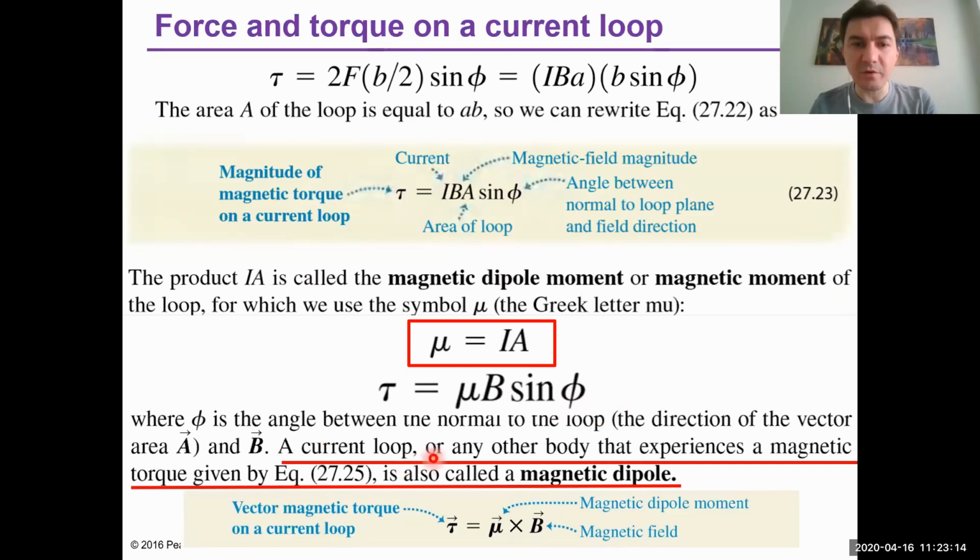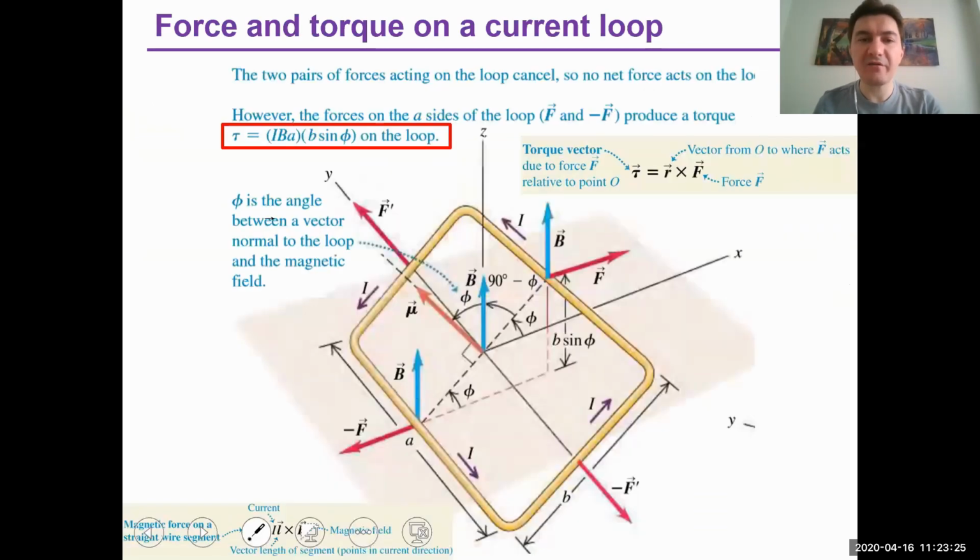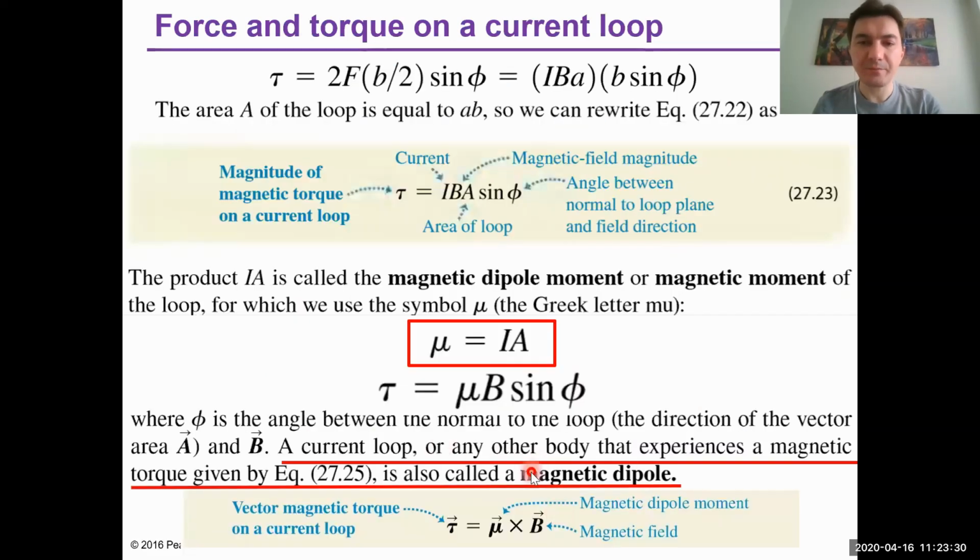A current loop or any other body that experiences a magnetic torque is also called a magnetic dipole, and this is the magnetic dipole moment or magnetic moment. So the torque can be written in that form.